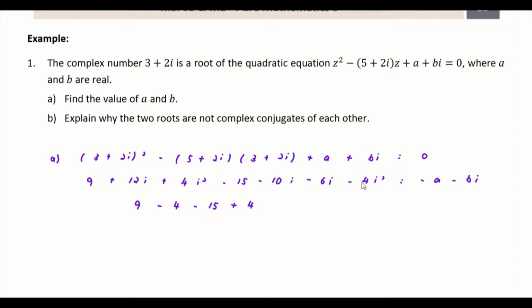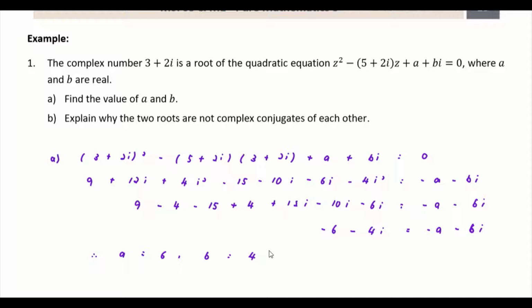All the i squared, change it to -1. Then after that, plus 12i minus 10i minus 6i. So we have -6, and then 12 minus 10 minus 6 gives minus 4i, equal to -a minus, sorry, this should be bi. So by doing comparison, we'll be able to see that a is equal to 6, and b is equal to 4.